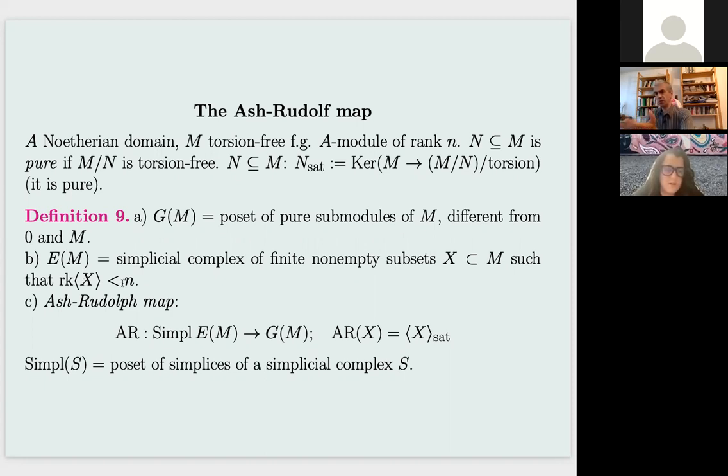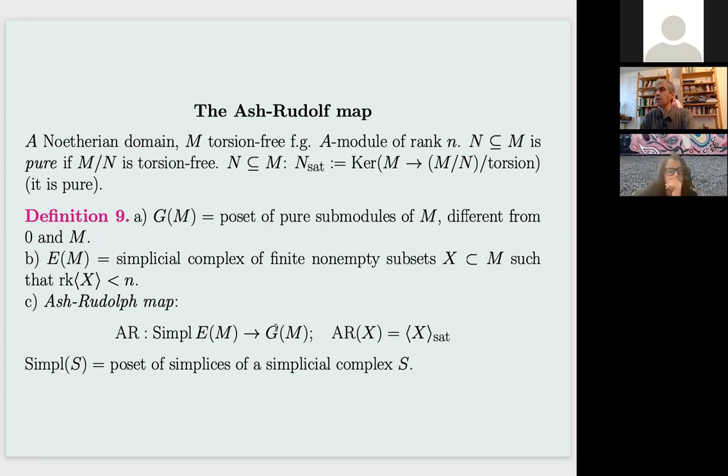I'm just basically copying what Ash and Rudolph do. And then, you can interpret what they do as a non-decreasing map from the poset of simplices of E of M to G of M.